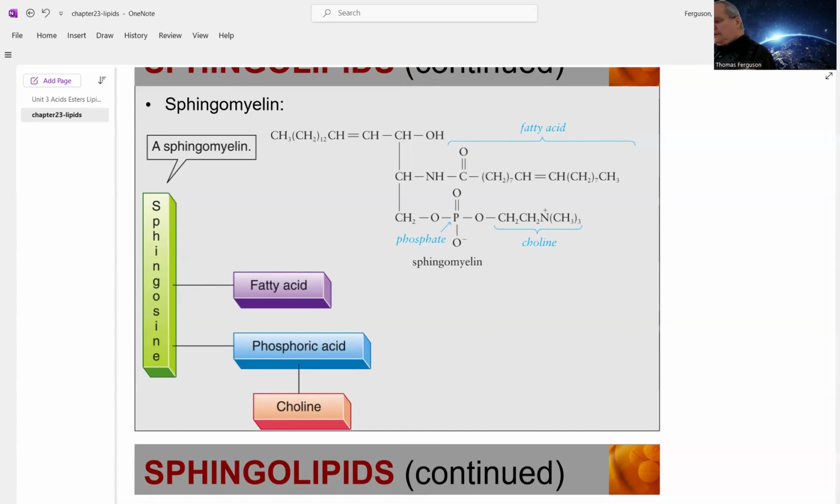So if you look at this particular one, notice we have choline down here, and we have phosphoric acid, and this is the backbone. Now this bond here, that's unit 4. That is similar to an ester, only it uses nitrogen instead of oxygen. It's called an amide bond, A-M-I-D-E.